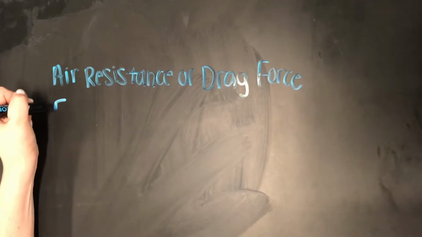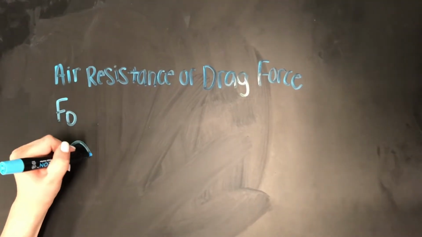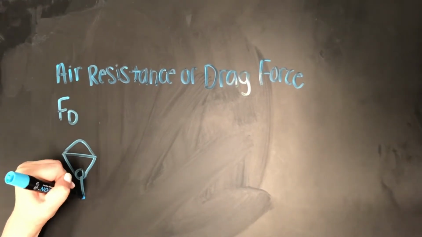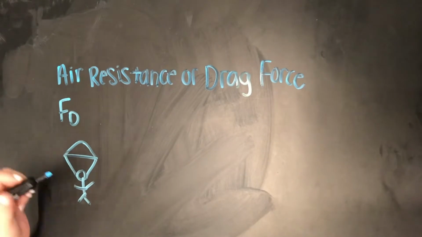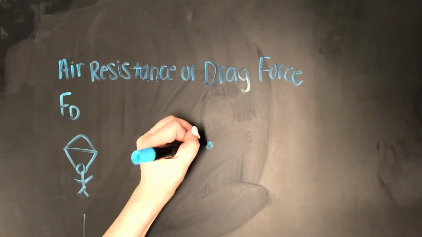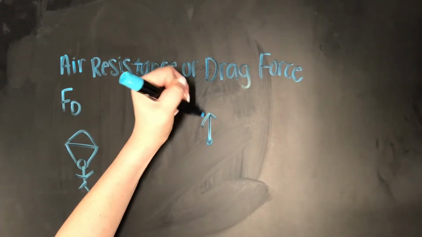The symbol used for air resistance or drag force is Ft. For example, a person skydiving using their parachute to slow down the fall. So for your FBD diagram, your air resistance or drag force is pointing up.